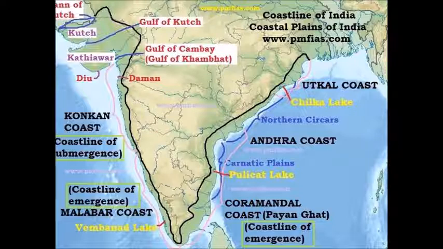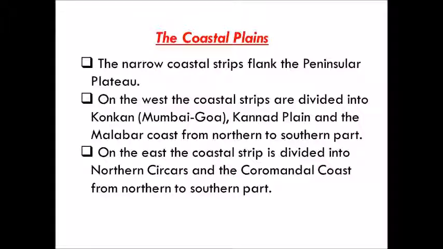At the north, it is called the Northern Circars, while the southern part is known as the Coromandel coast. The large rivers Mahanadi, Godavari, Krishna, and Kaveri form deltas on this coast. The rivers draining from the Deccan Plateau to the Bay of Bengal form deltas in this region.